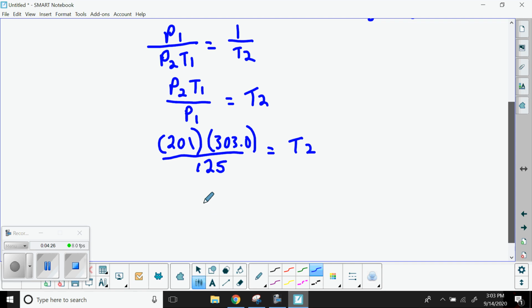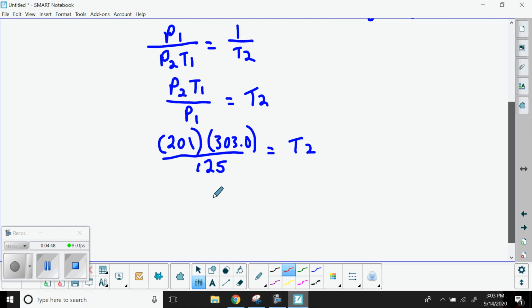So I'm going to grab my calculator. I'm going to take 201 times the 303.0. I'm going to 3 sig figs here because there's 3 sig figs in 201.